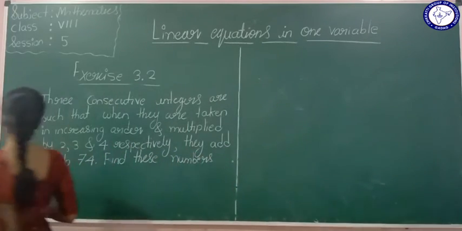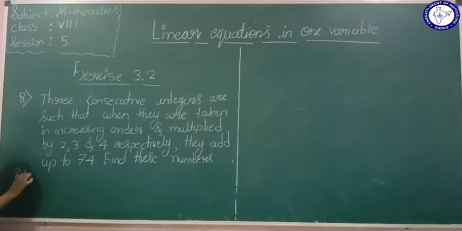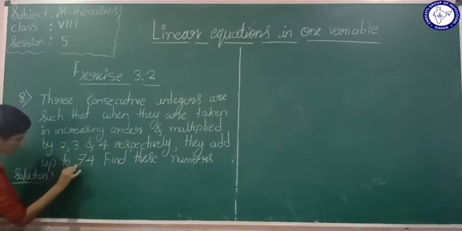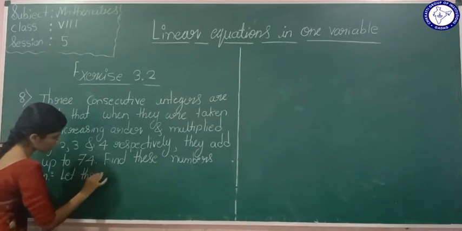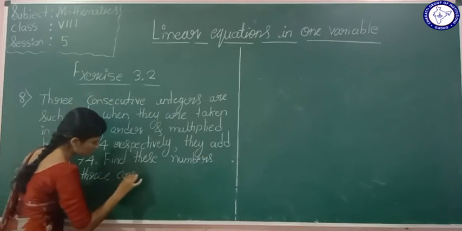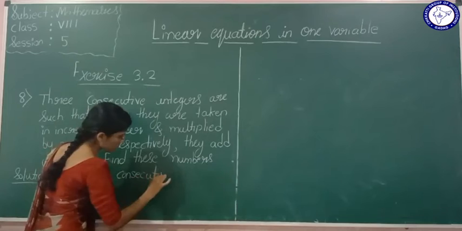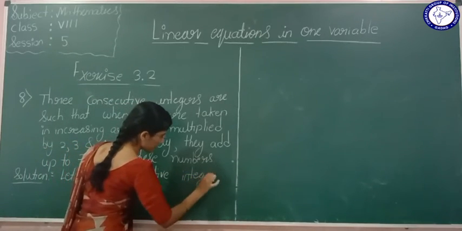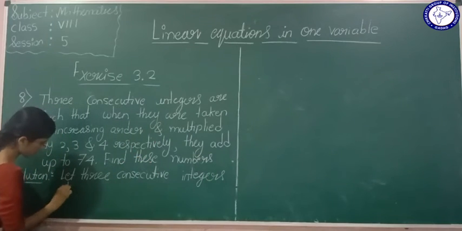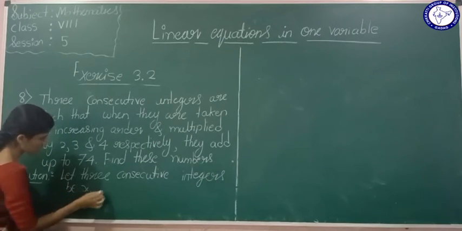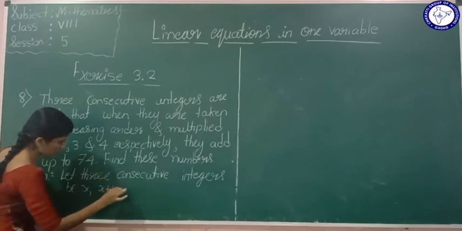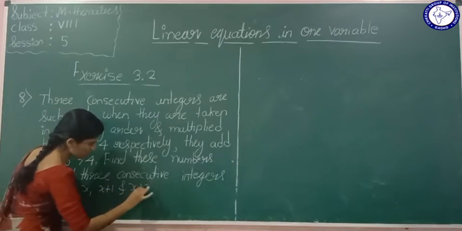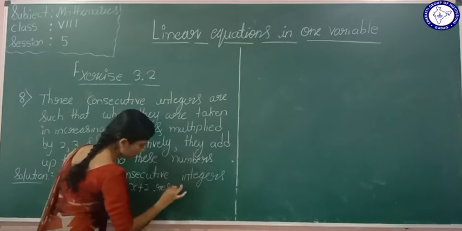See the solution. Let the 3 consecutive integers be x, and the next integers will be x plus 1 and x plus 2 respectively.